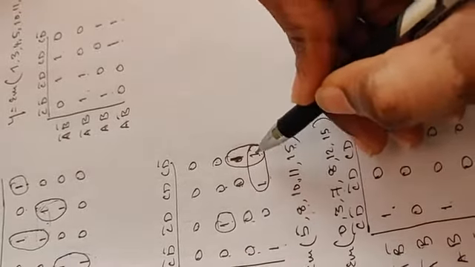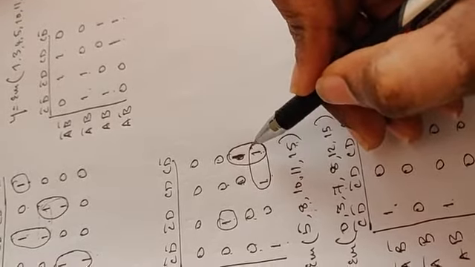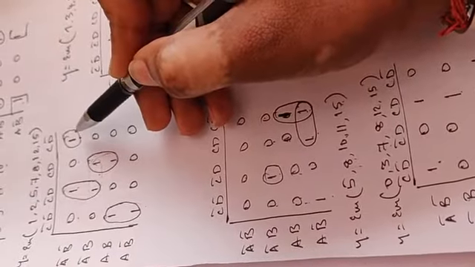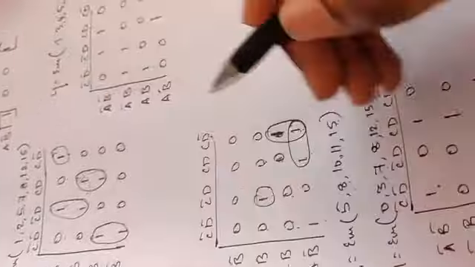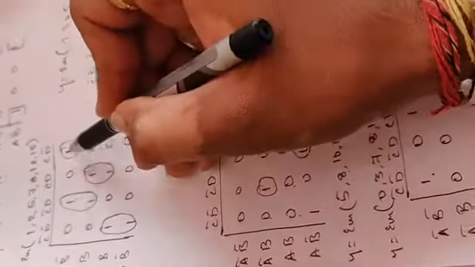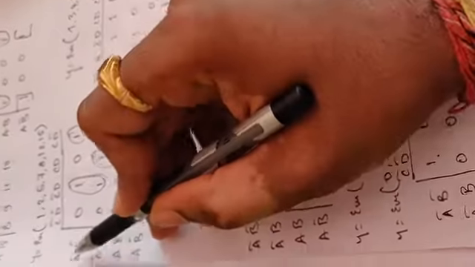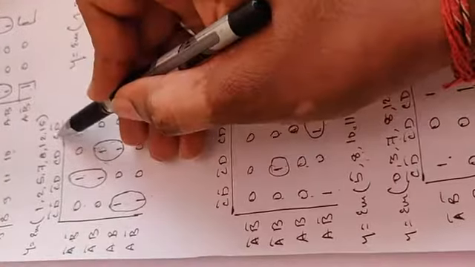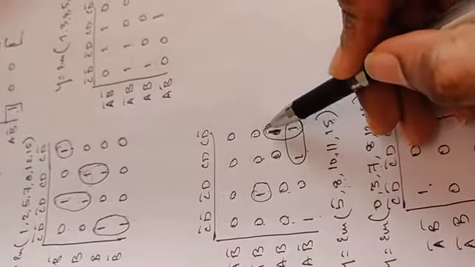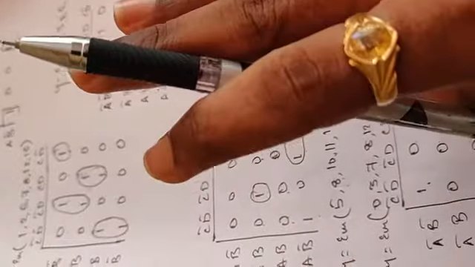A pair is always better than an isolated one. Why? Because if you make an isolation like this, the expression you get will be of 4 variables. If you make a pair, 3 variables. If you want to write an expression for this group, it will be a bar, b bar, c, d bar. 4 variables. If you want to write an expression for this pair, it will be of 3 variables.